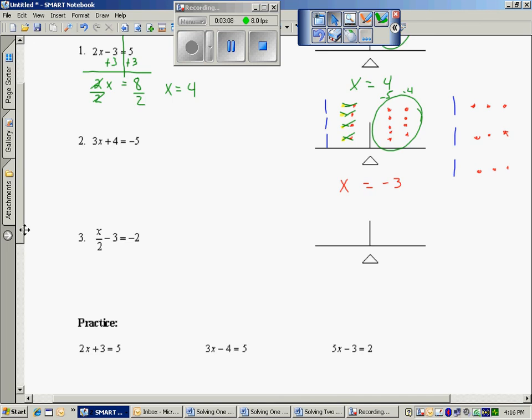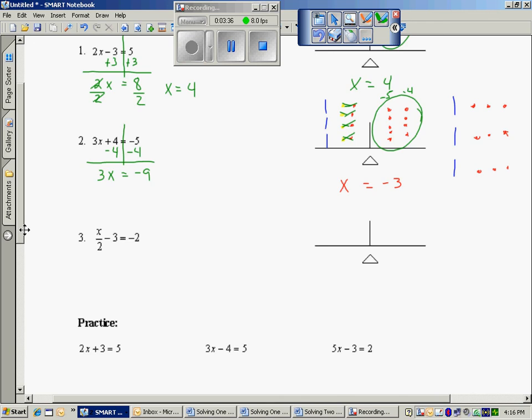Solving my equation using my inverse properties. Again, my goal is to get the x isolated by getting rid of the 3 and the 4. We need to get rid of the 4 first. We need to find out how many pieces I have in which I can share among those 3 x's. So using my inverse for addition, I subtract 4 on each side. My left-hand side is 3x. My right-hand side is negative 9.